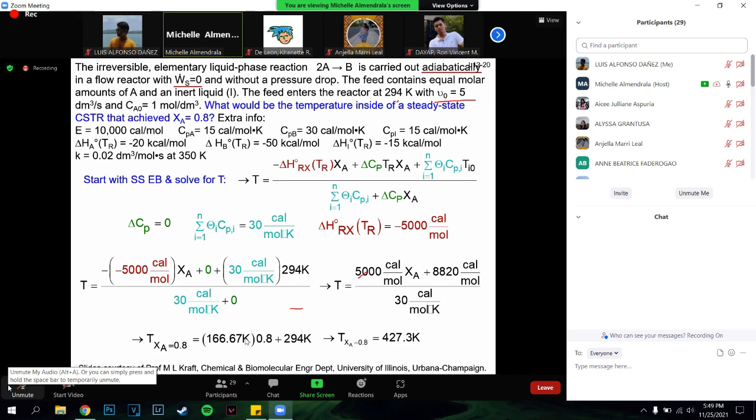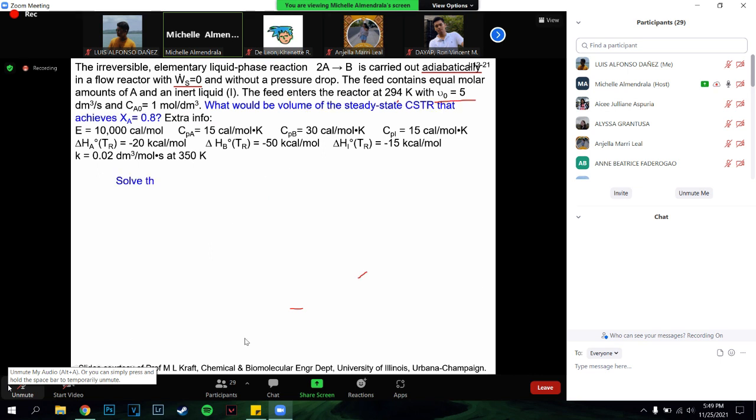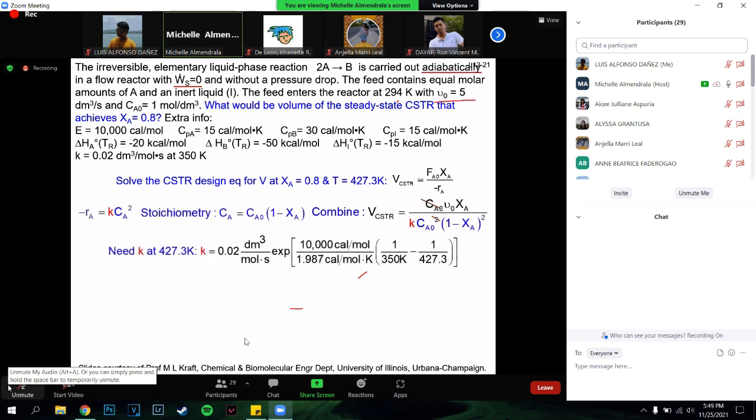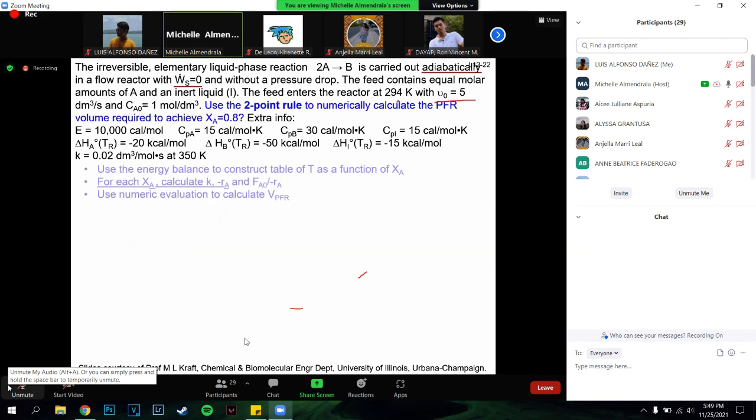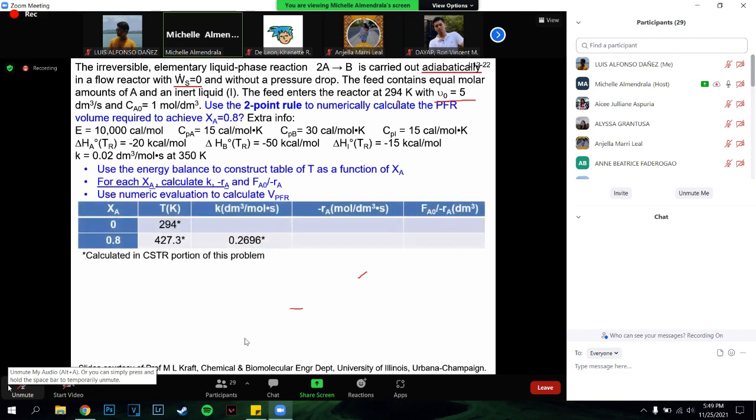So we get to define the TX relationship for a CSTR and PFR just the same. And so we are now working with the PFR reactor. In that case, T is dependent on X.